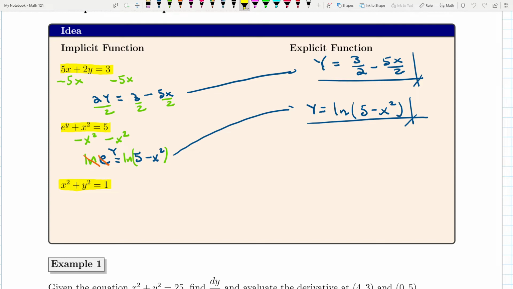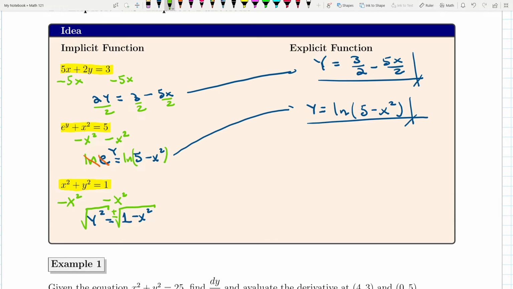First we subtract x squared on both sides to get y squared equals 1 minus x squared. Now, when it comes to solving for y, there is an issue: we would need to take the square root of both sides, and the problem is this plus and minus.